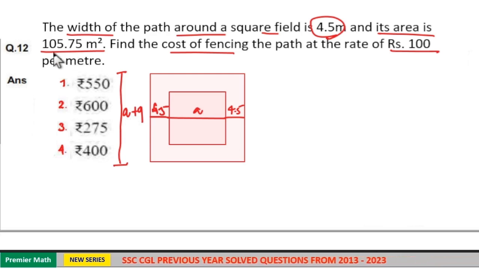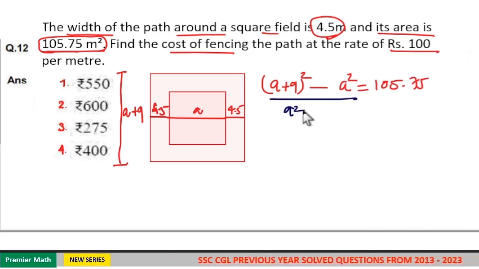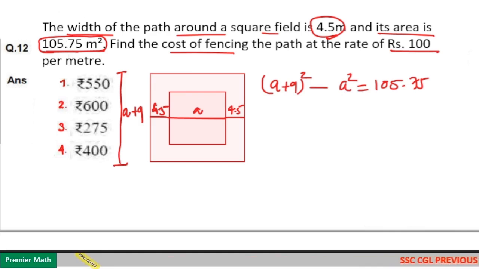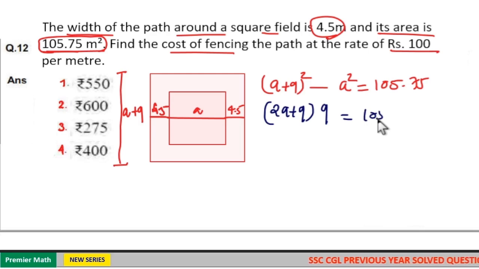And here area of path is given, that is largest square minus smallest square is the area of path. Largest square area is equal to a plus 9 whole square minus small square area a square, which is 105.75 path area. Now this is in the form of a square minus b square, where a plus 9 is a and a is b. A square minus b square is a plus b into a minus b. Here a plus b means a plus 9 plus a, that is 2a plus 9, and a minus b means a plus 9 minus a, that is 9, which is equal to 105.75.